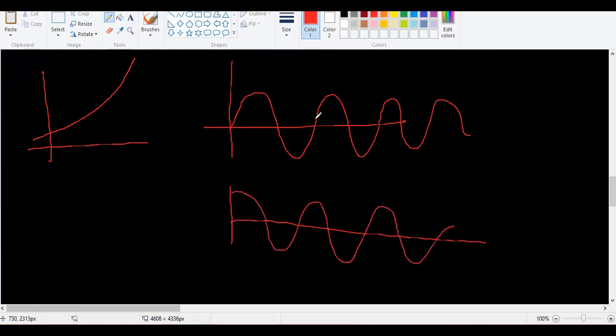So what I'm trying to say here is this is a periodic function. After a certain time, it will repeat itself. Whereas here, after a certain time, it's not going to repeat itself. So this is not periodic. Whenever you see an exponential function, you can say non-periodic.